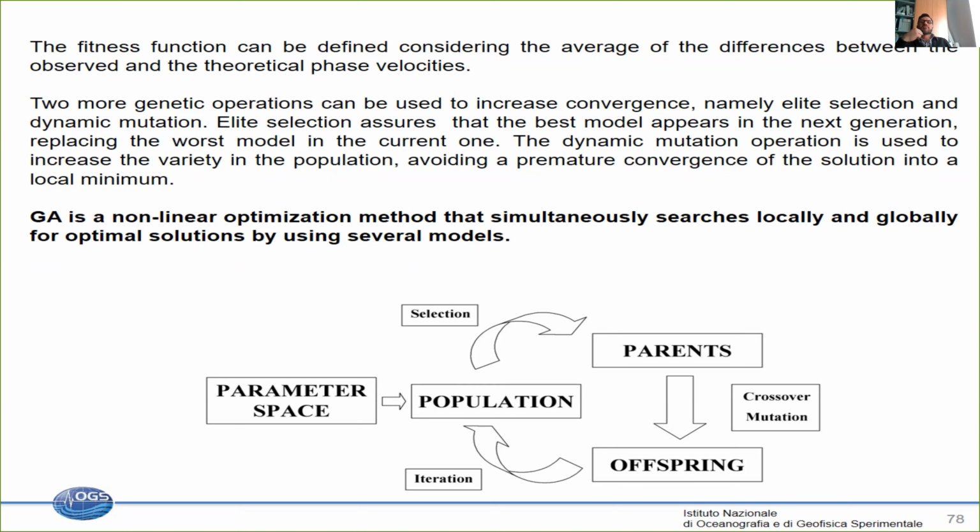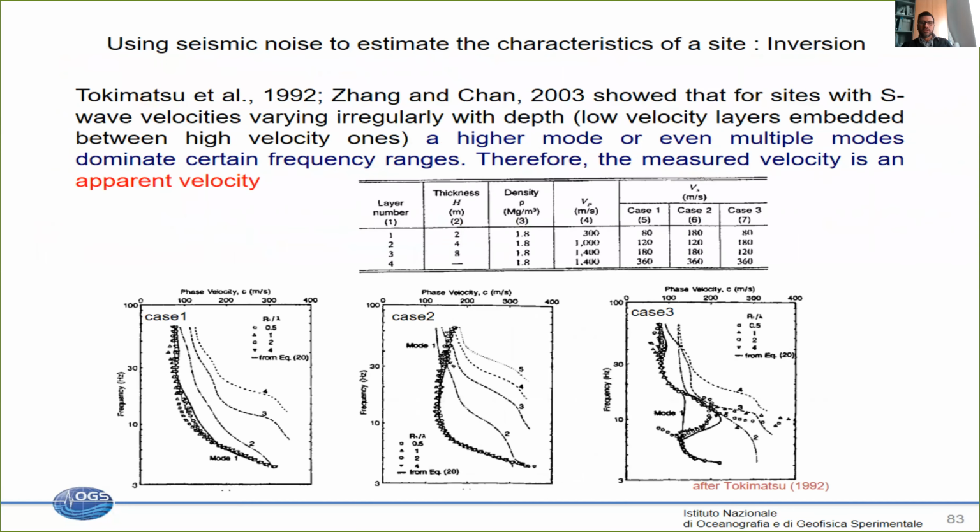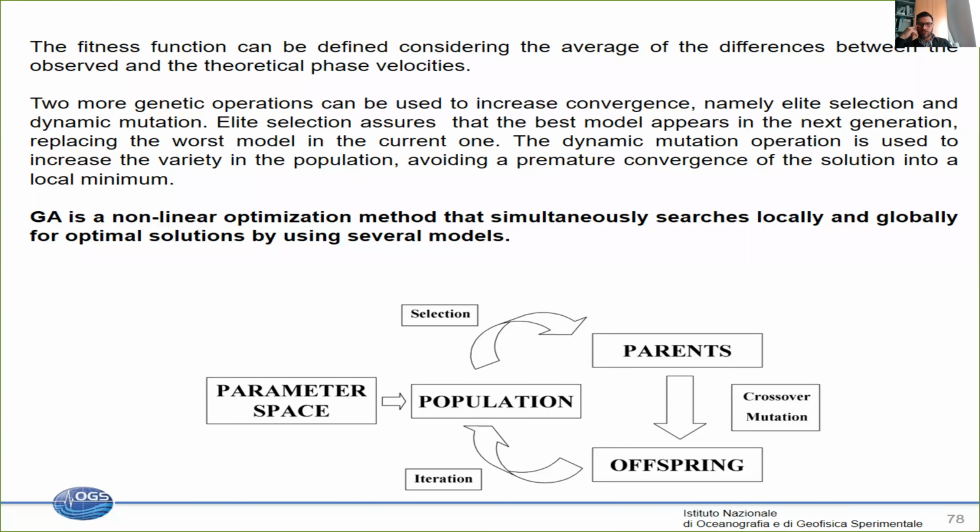If we see that after some iterations the best model is always the previous one and the solution is not changing, then the probability of having a mutation is increased, so that we try to generate more different models to explore a different part of the solution volume, and then maybe restart the search in a different area of the solution. So this is really done to avoid a premature convergence of a solution in a local minimum. This operation is repeated until we find really a good solution for the model.